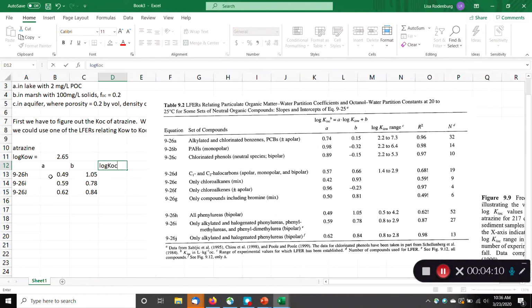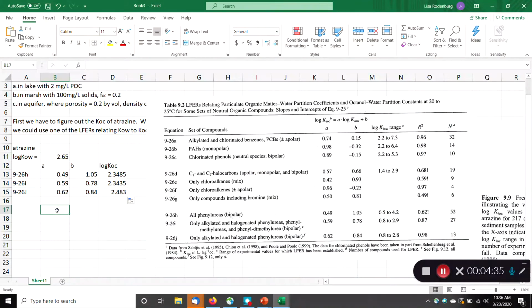So our calculated log KOC value would be A times log KOW plus B, and then F4, at least on my keyboard, will put the dollar signs on there. Now I can copy this down. Okay, so I end up with a value around 2.4-ish.